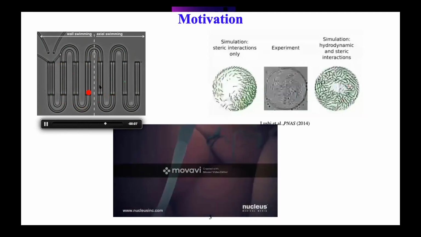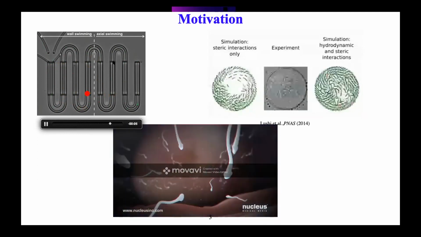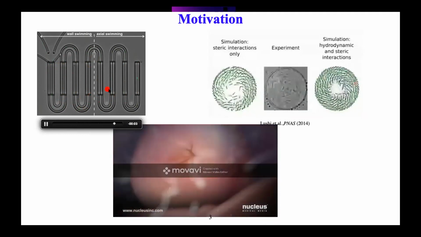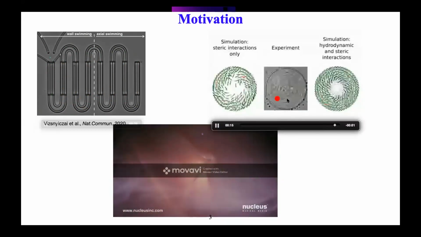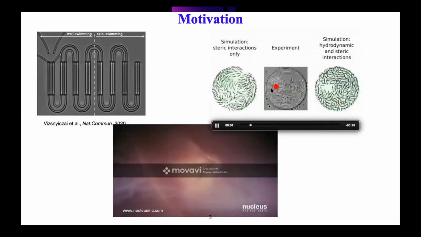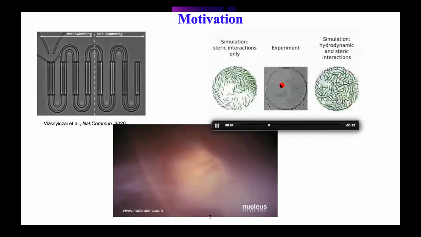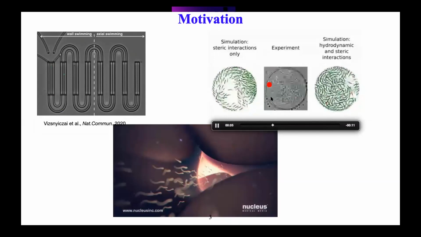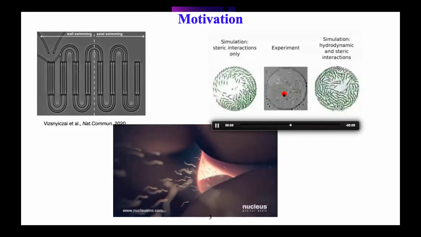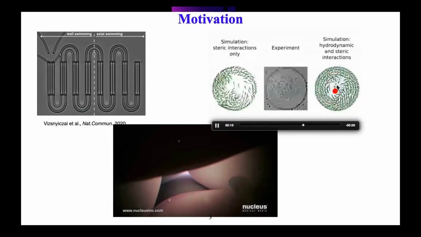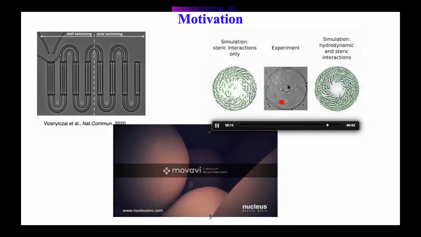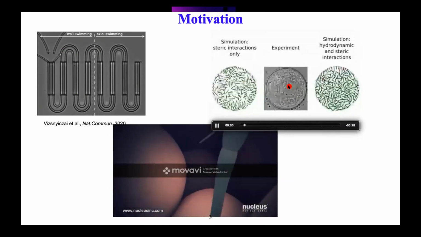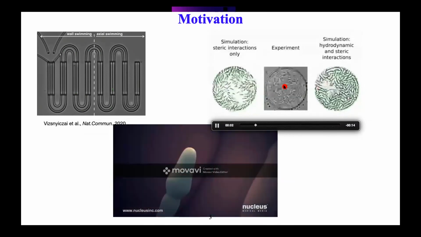So here we are saying that the confinement has changed the dynamics of this particular bacteria. And in the second video, we see this suspension of bacteria which is confined inside a circular geometry. And because of the circular geometry, these bacteria start forming a collective motion, which is a circular pattern. So the circular confinement has resulted in a collective motion for this suspension of bacteria.